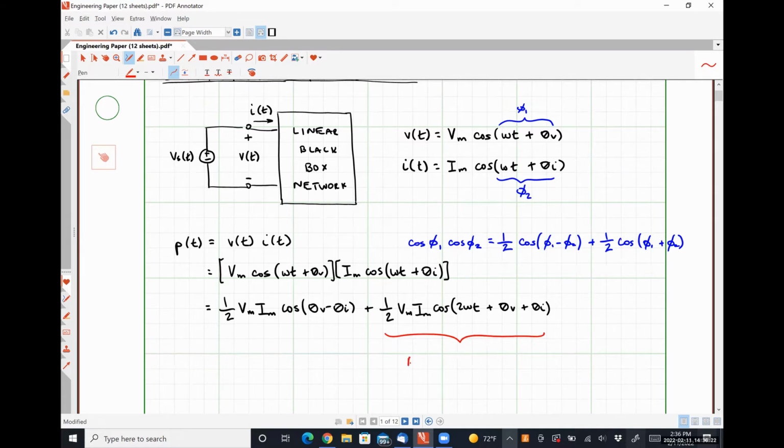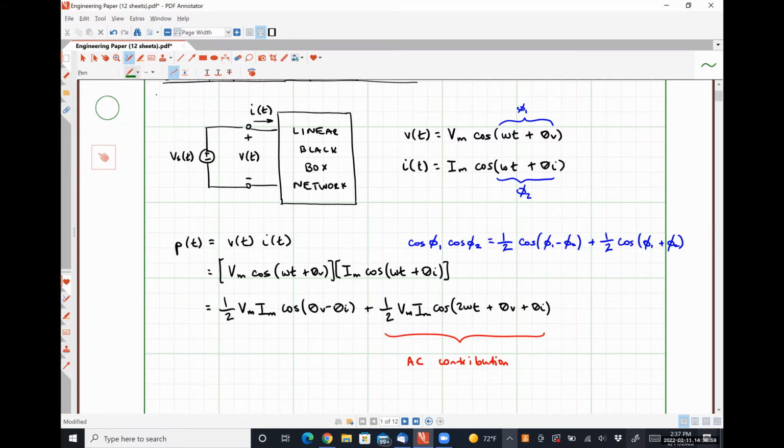This is an AC contribution to the instantaneous power, and I say that because it still depends on time. So the AC contribution is going to be a sinusoid that's oscillating at twice the angular frequency of our voltage and current waveform, because it's oscillating at a frequency of 2 omega.